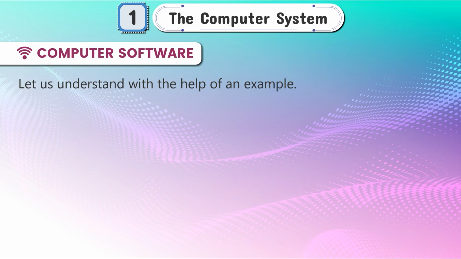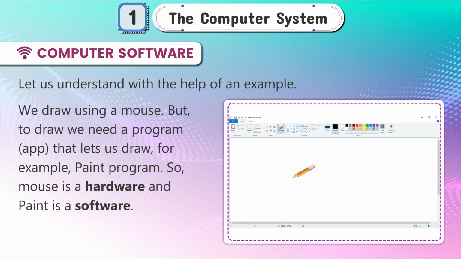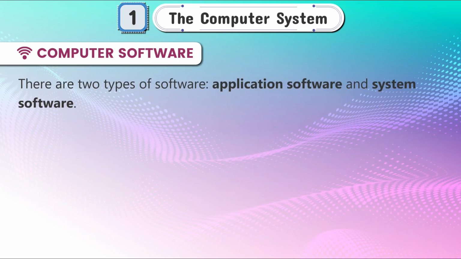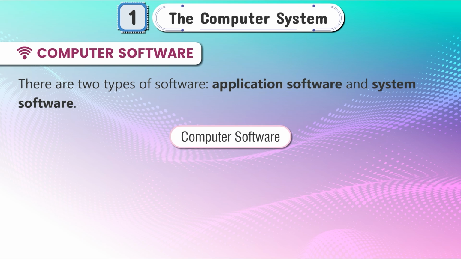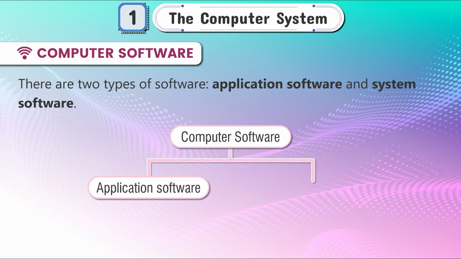Let us understand with the help of an example. We draw using a mouse, but to draw we need a program that lets us draw, for example, the Paint program. So the mouse is hardware and Paint is software. There are two types of software: application software and system software.